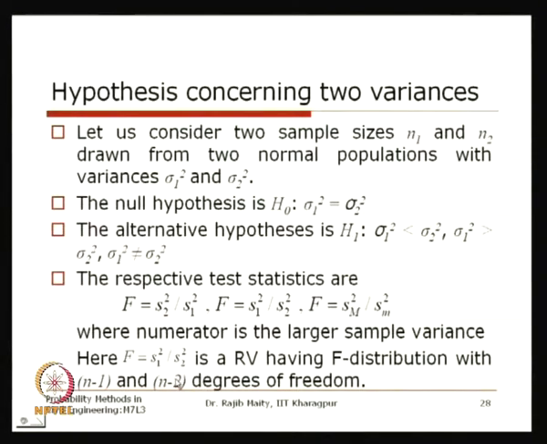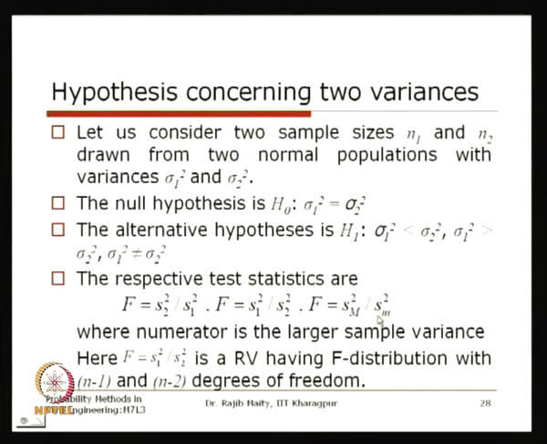Now, if I want to put all this in a single statement, whatever we are testing, we have to keep in mind that the F statistic we calculate should always be greater than 1. That means in the numerator we always put the greater value, and in the denominator we put the smaller value.